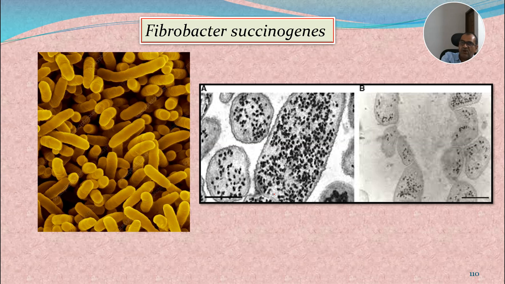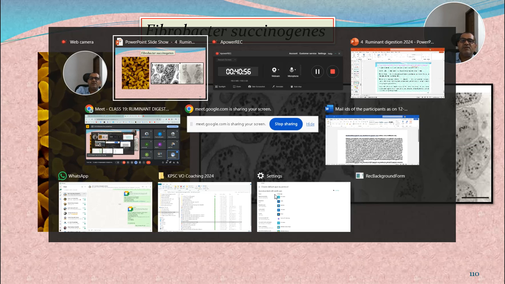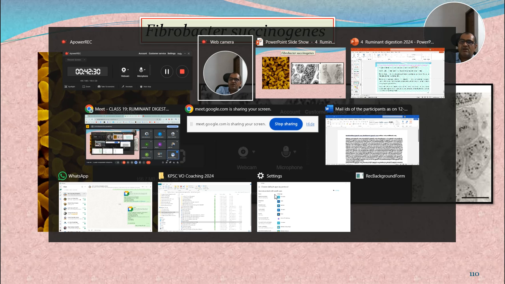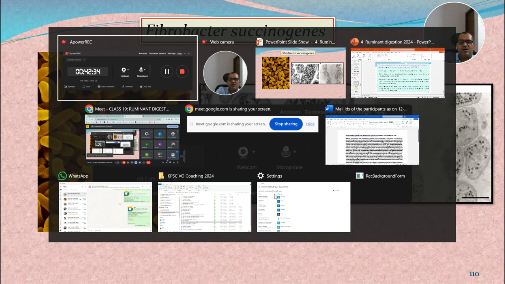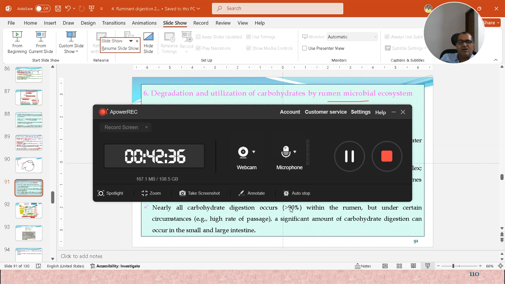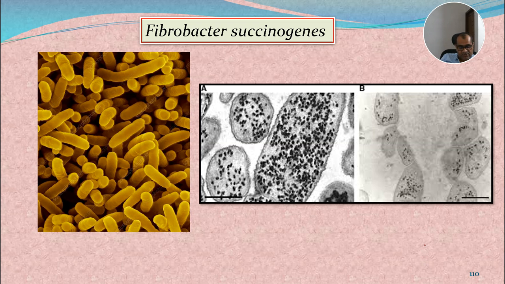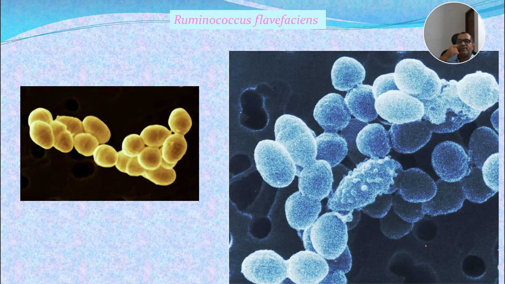digestive process of the different types. So coming to the different bacteria, this is Ruminococcus.